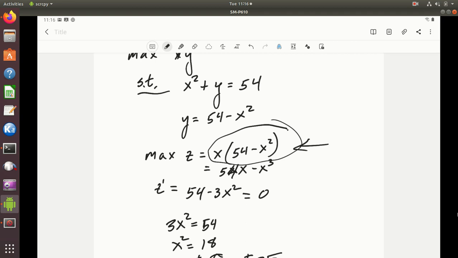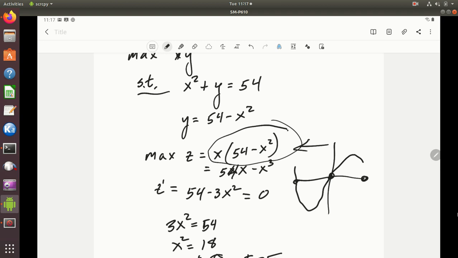Oh, well, and actually, before I do that, let's just point out, we have a 0 at 0. And 0s at the square root of 54, so plus or minus, so that's out here somewhere. And if I put in a 1, I'm positive, and so I think we're going to see a function that looks like that.